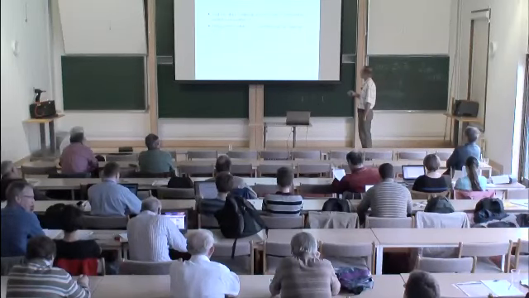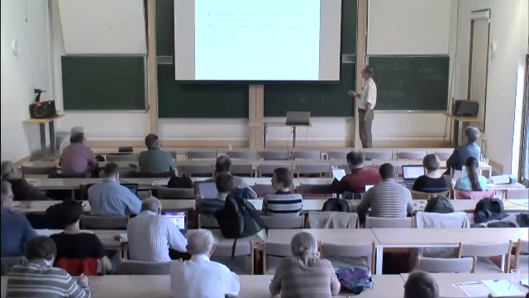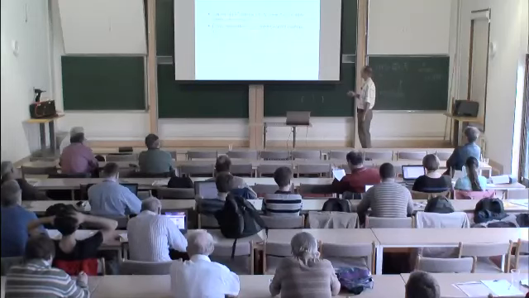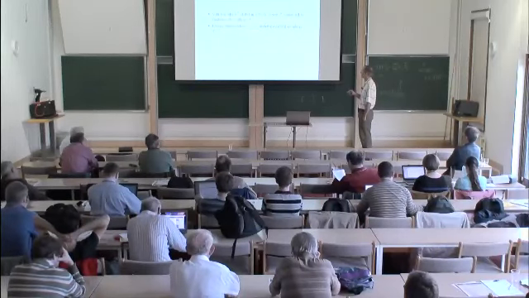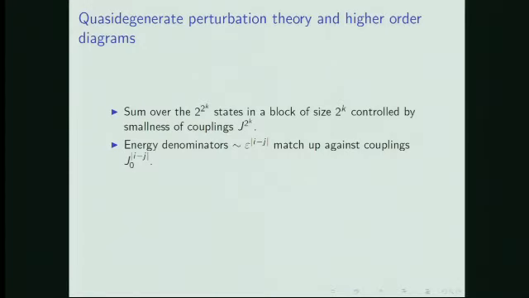Likewise, you have energy denominators. Now, in the first step, I just said that the resonance occurs when you have |E_i - E_j| less than epsilon. Now, we're going to be talking about longer range resonances, so we have to match the notion of resonance to the range of the interaction being considered. And so we let it be epsilon to the power |i - j|.